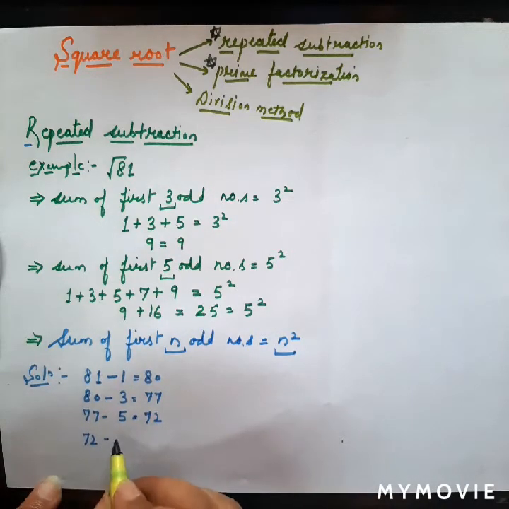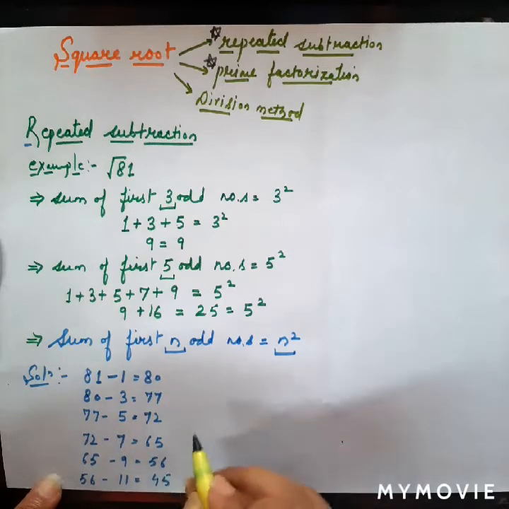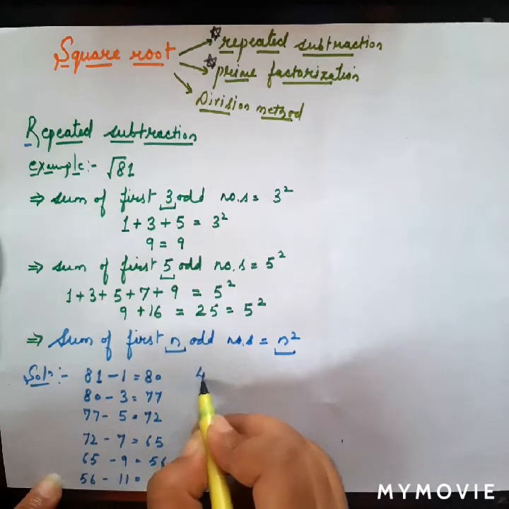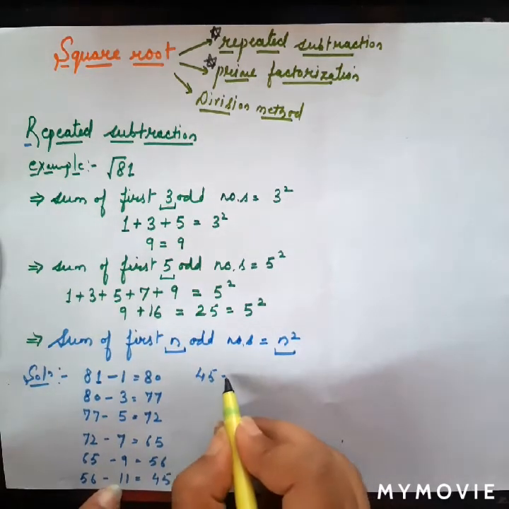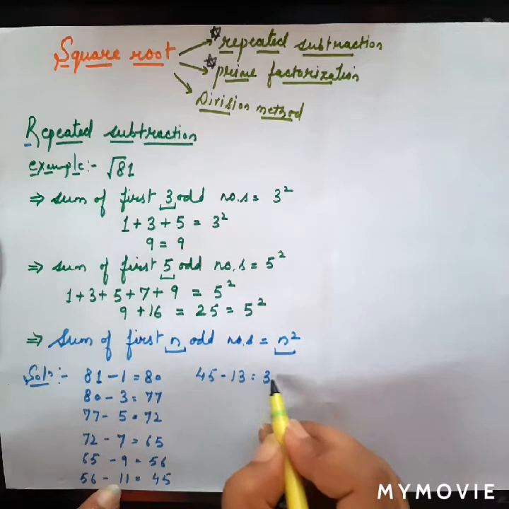Next, 72 minus 7 is 65. Next, 65 minus 9 is 56. Next, 56 minus 11 is 45. Then 45 minus the next odd number after 11, which is 13, gives us 32.